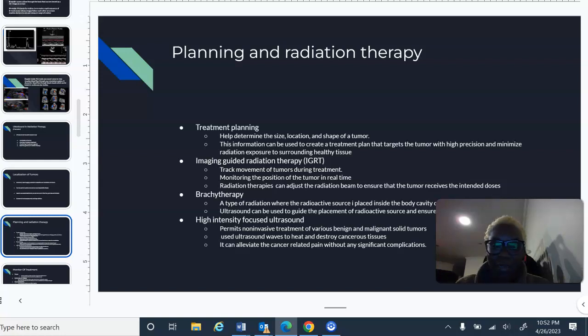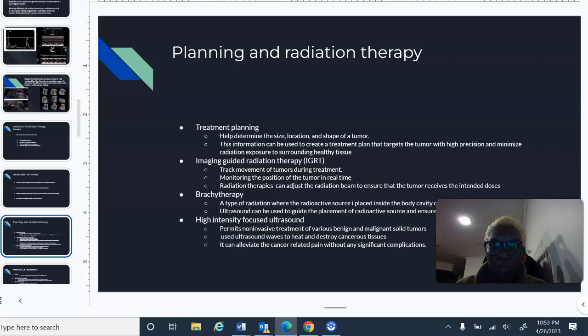High intensity focused ultrasound is the use of intense heat from the ultrasound waves that helps to destroy the cancerous tissues.